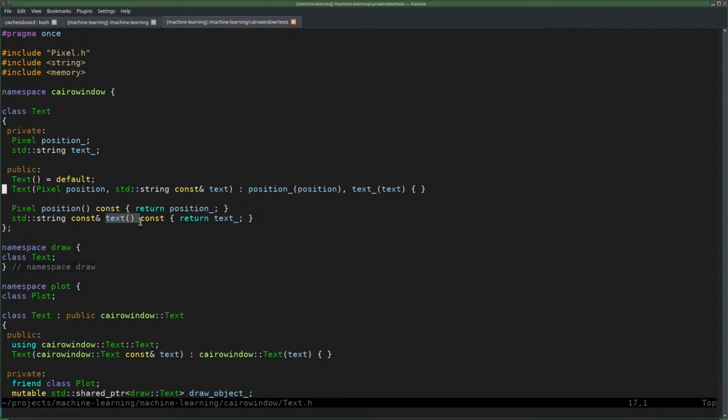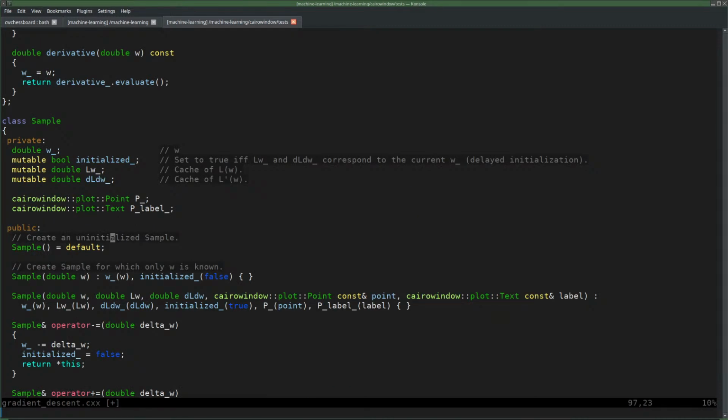This text, which returns a string, const reference.